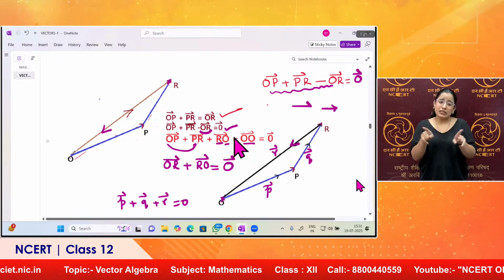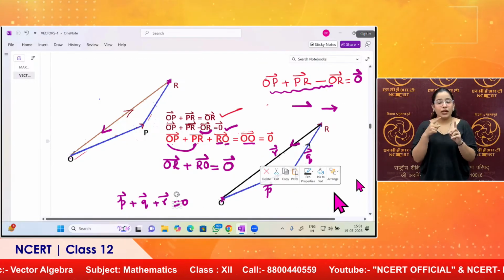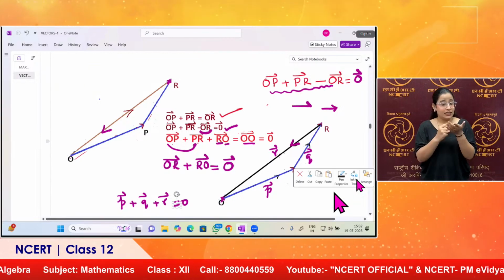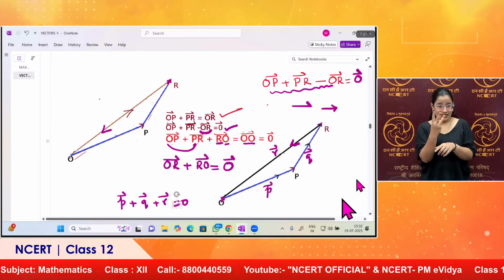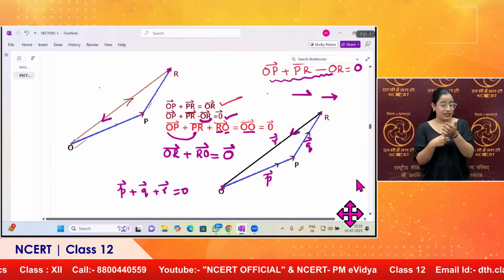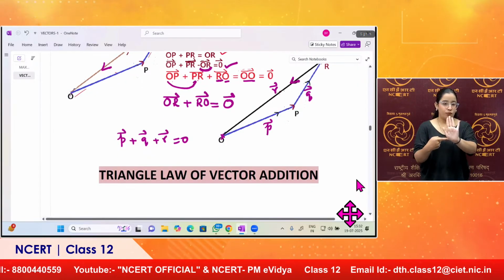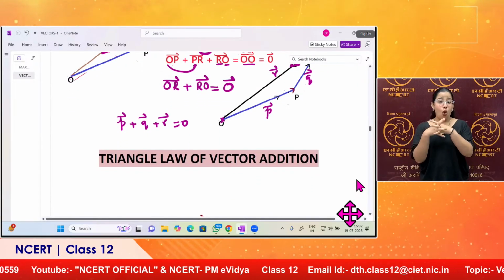Hence, if the sum of three vectors taken in order is zero, they represent a triangle. That is known as the triangle law of vector addition.